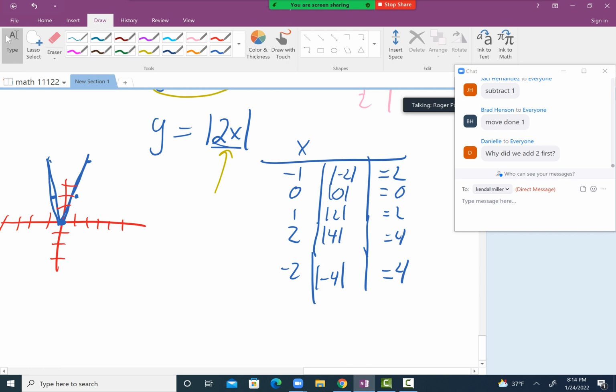Questions on anything on transformations? So as far as the test goes, for transformations, I'm probably going to give you a graph and have you do some transformations on it. And then I think that's pretty much it. So it'd be more like, here's a graph, do a transformation, or describe transformations, that kind of thing.